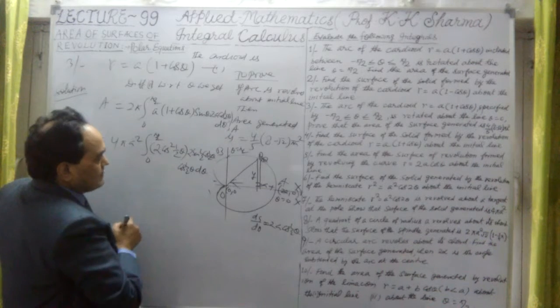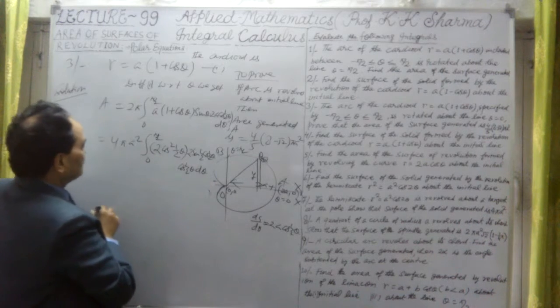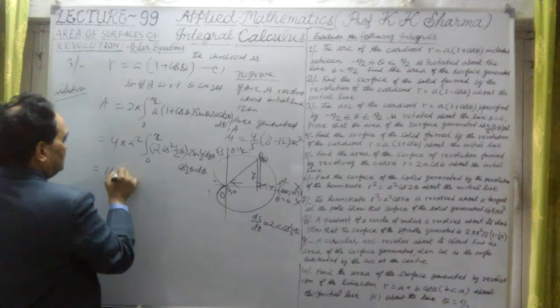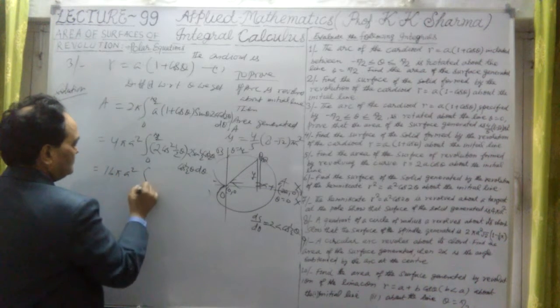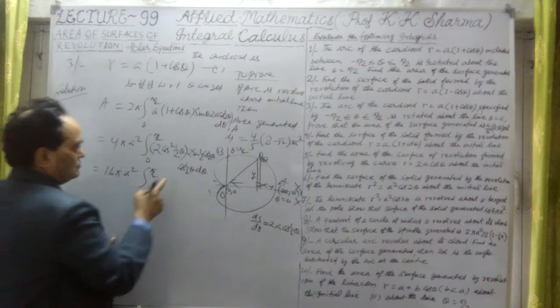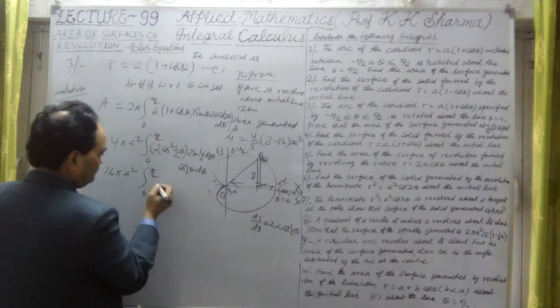This value 2 I have already taken, so this 2 and this 2 further give 4. It is 16 now. So 16 pi a square, 0 to pi by 2. So now it is cos raised to the power. What is that?